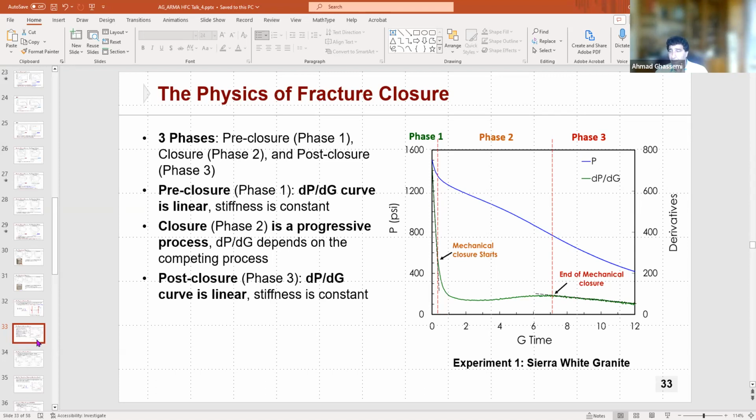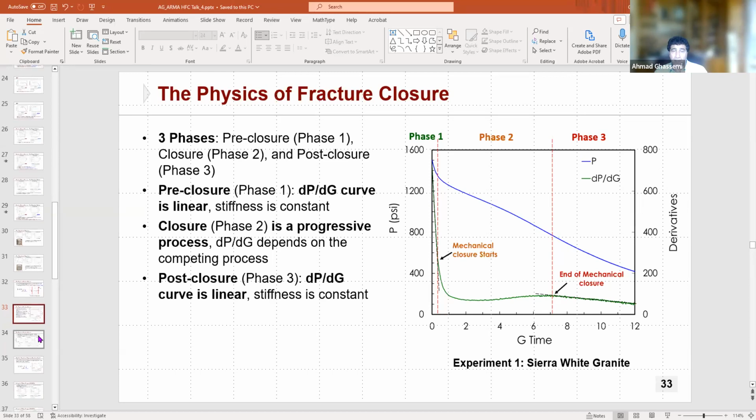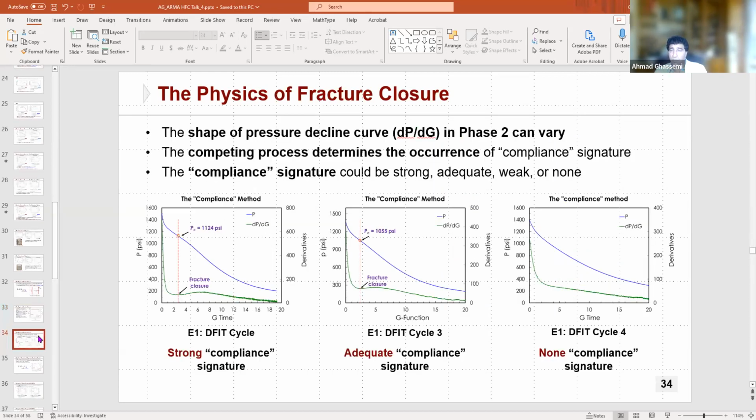As we've seen before, usually the idea is to take the minimum here as the pressure that represents the closure pressure. And so to just summarize the compliance approach, in our experiments, we have seen that in some tests we have a very strong compliance signature.